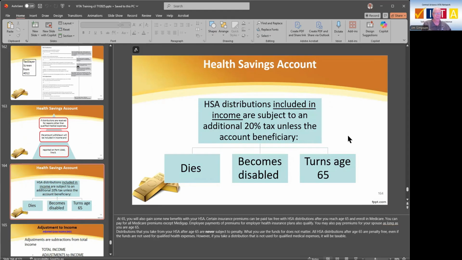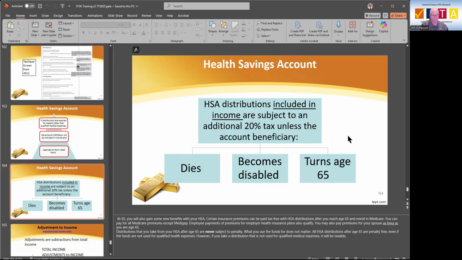So if you take those HSA distributions that aren't qualified medical expenses and it gets included in income, remember I told you that there's a pretty hefty tax penalty? 20%. Unless the account beneficiary, that could be you, or your spouse, or your dependent, if they die, become disabled, or turn age 65.